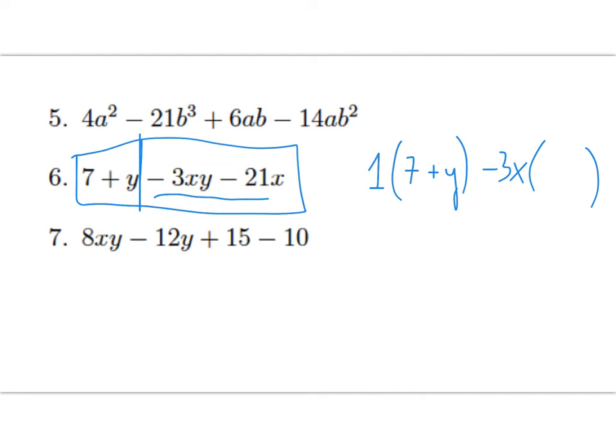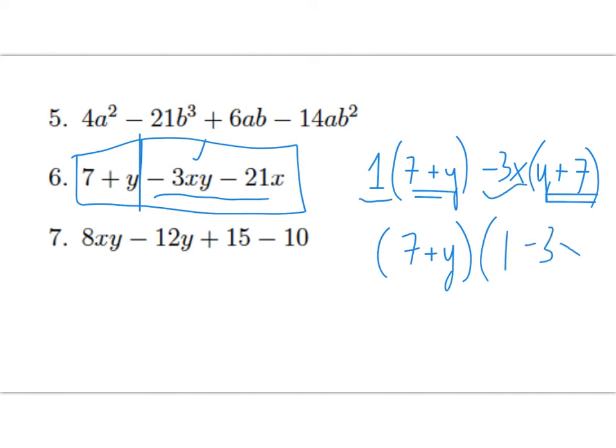Negative 3x times a positive y makes negative 3xy, and negative 3x times a positive 7 makes negative 21x. And notice y plus 7 is the same thing as 7 plus y, just like in the last example. So we have our greatest common factor, 7 plus y, and then we'll just pick up the leftovers. That's our final answer, factoring by grouping. And again, you could multiply it out, and you would get back to the original so that you know that you did it correctly.